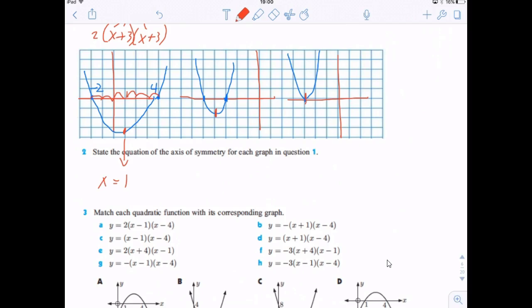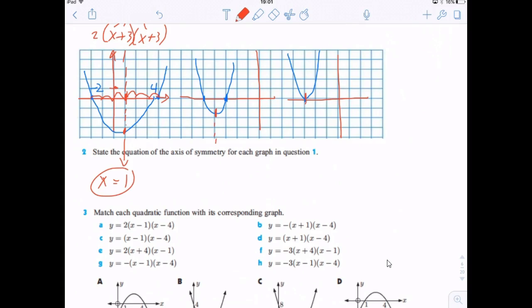If it was y equals 1, the y-axis is here, so y equals 1 would be a horizontal line. We actually want a vertical line that divides the parabola into two symmetric sides, and that would be a vertical line with the equation x equals 1. X-axis here, x equals 1 is here, so x equals 1 means all the points along x equals 1 here, so it's a vertical line, okay?